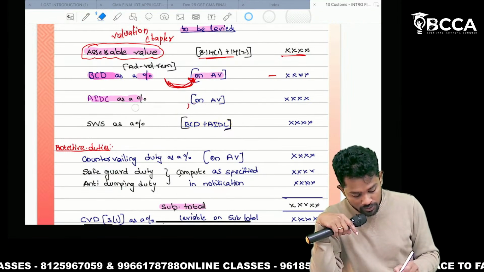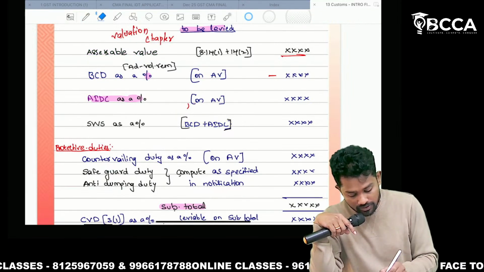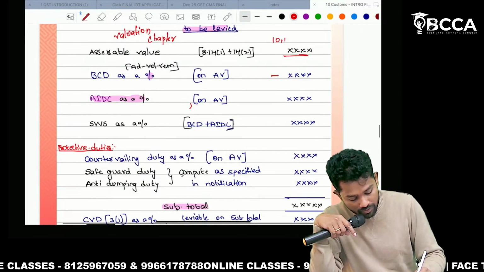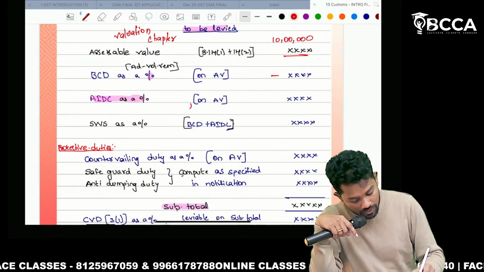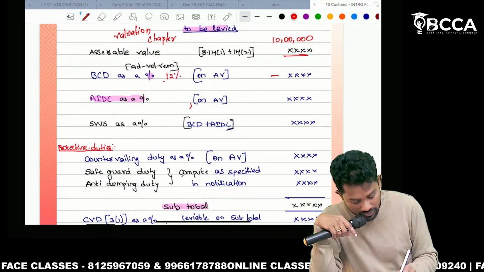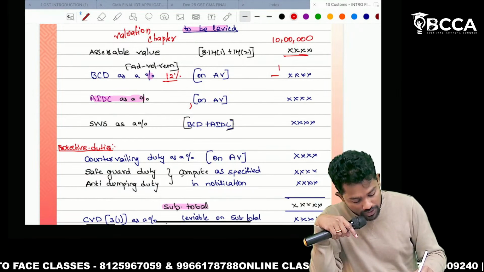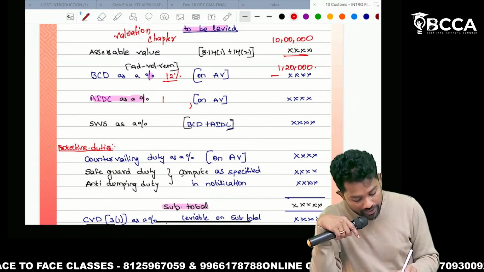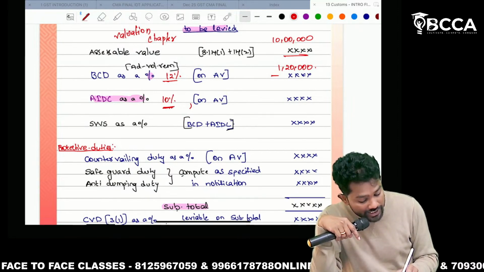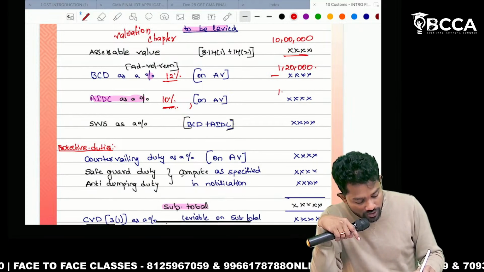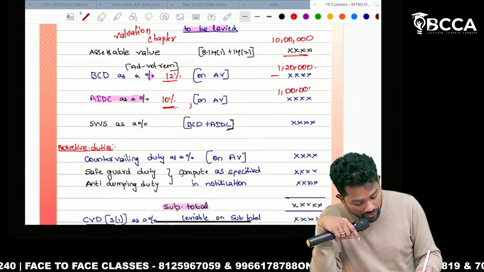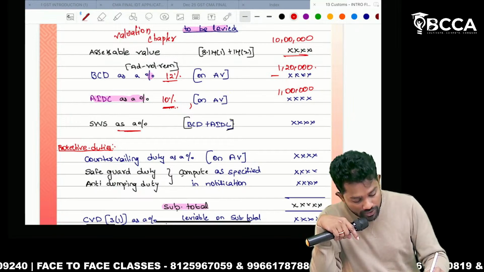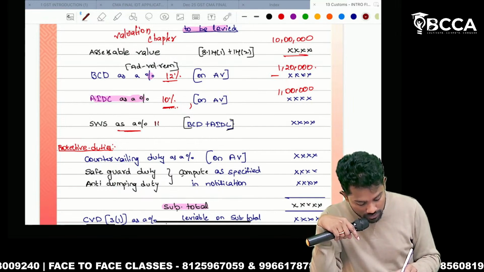Sir, for us to have a better understanding, let us take assessable value as 10 lakhs. BCD as 12%. How much? 10 lakhs into 12%. Now here it is 1,20,000. Then AIDC 10%. On what has it to be levied? Assessable value only. So it comes to 1 lakh. Now SWS is also always 10% only, sir.